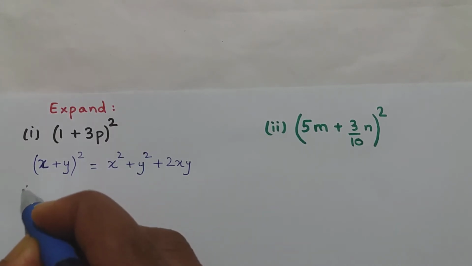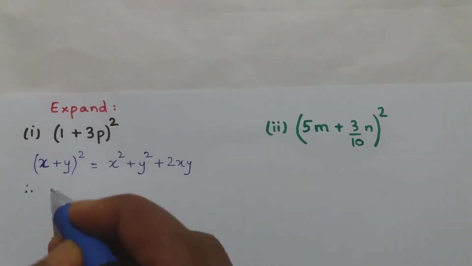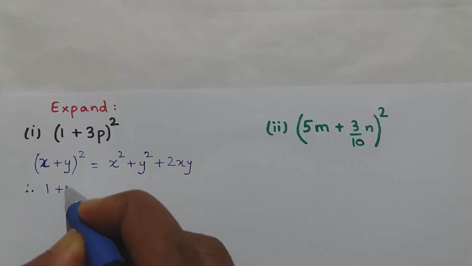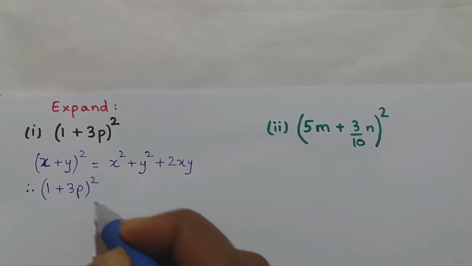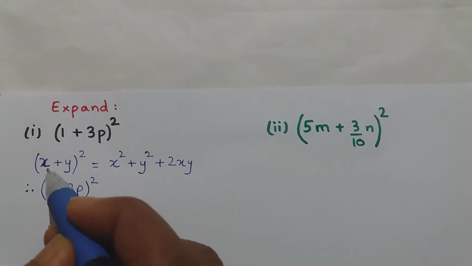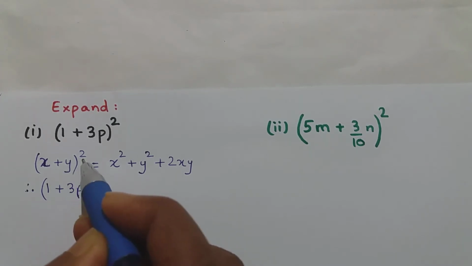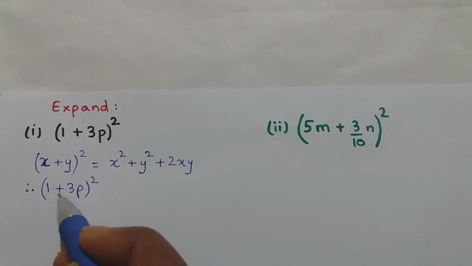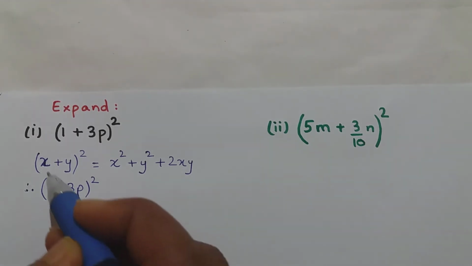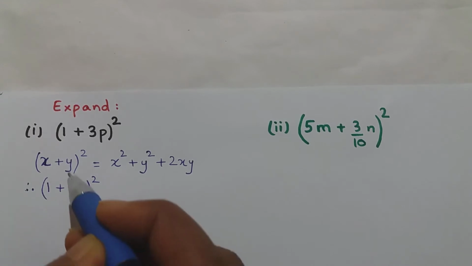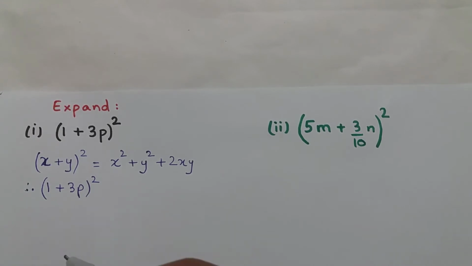So I will write down this given expression, 1 plus 3p whole square. Now, if I compare x plus y whole square with 1 plus 3p whole square, here x is 1 and y is 3p.